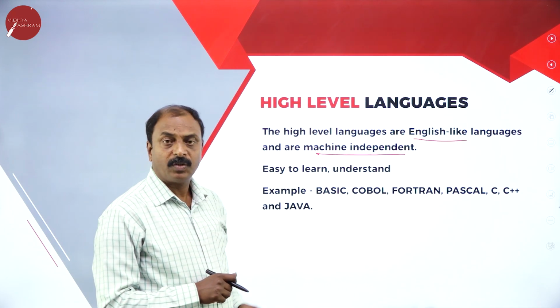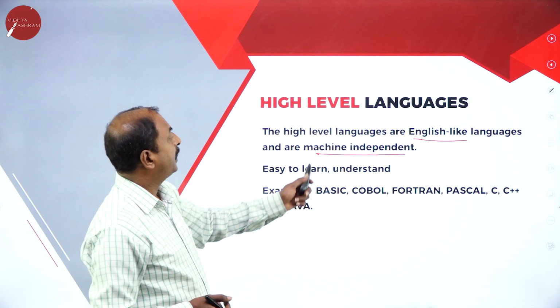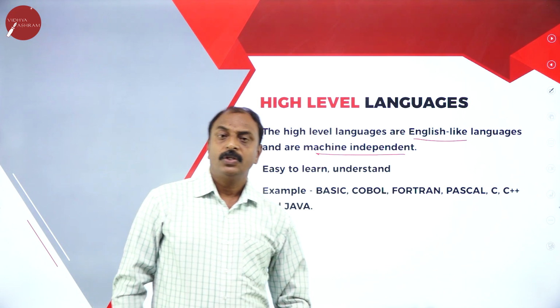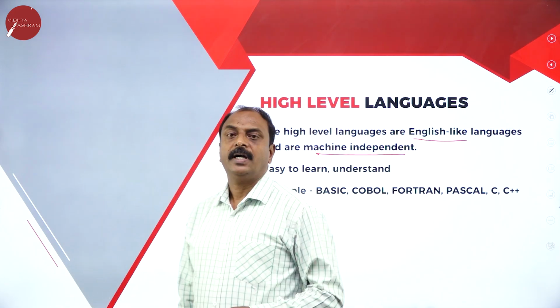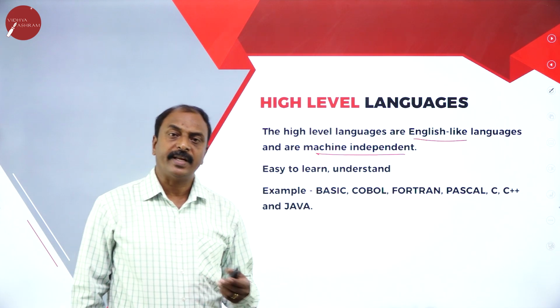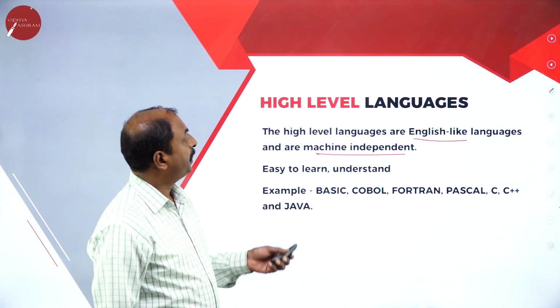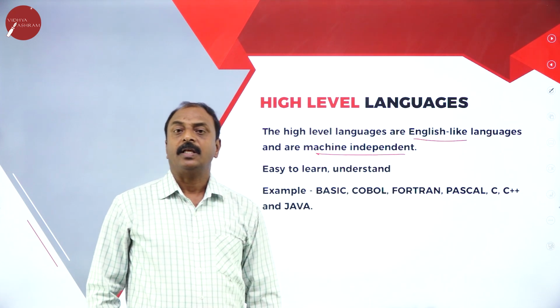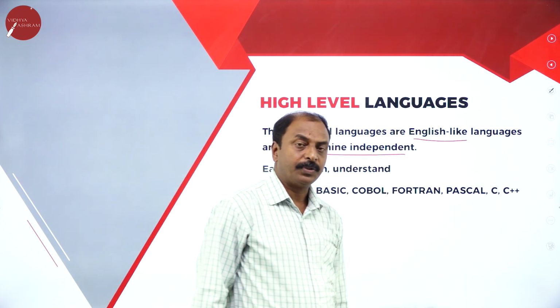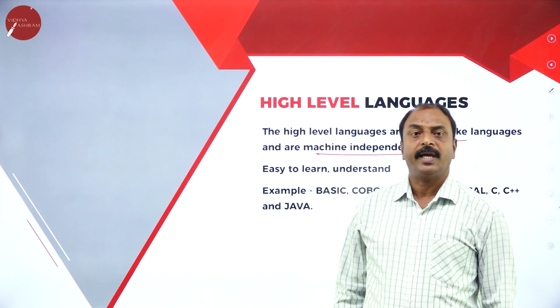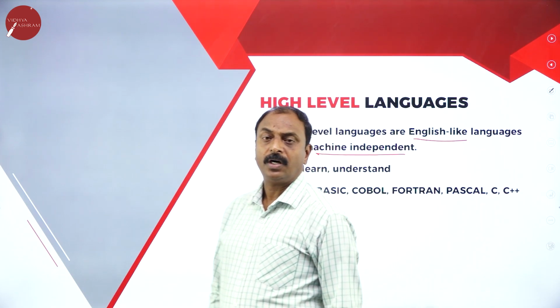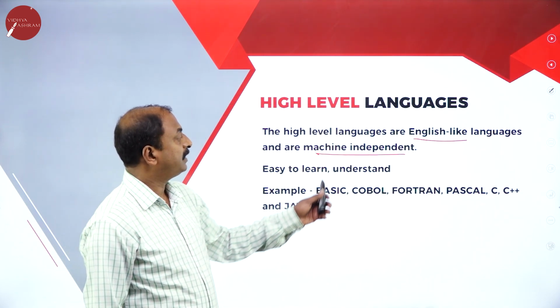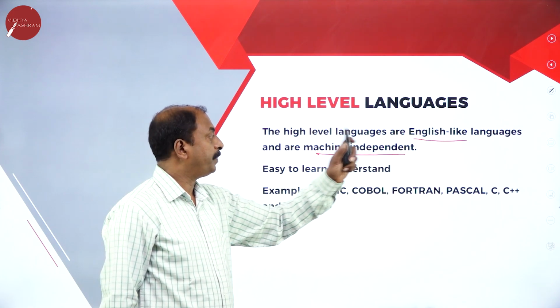One more advantage is that it is machine independent. The previous two languages, assembly level language and machine level language, are machine dependent, and this is machine independent. I mean the programs written for one computer can be run or executed on different computers. That is the meaning of machine independent.